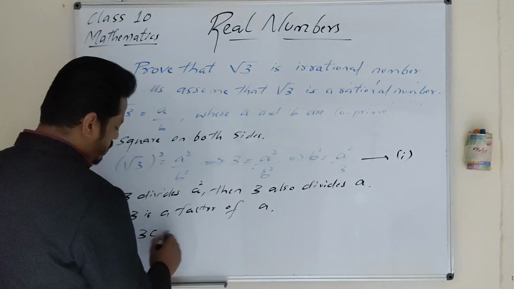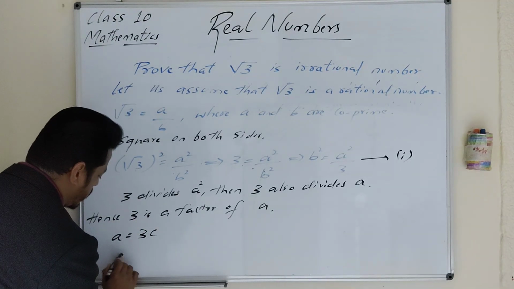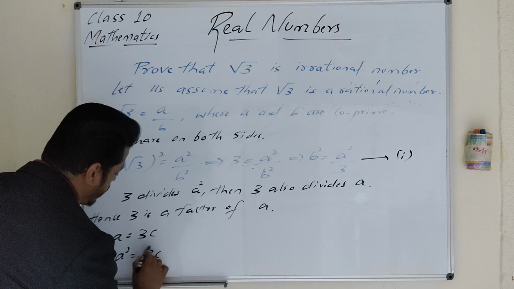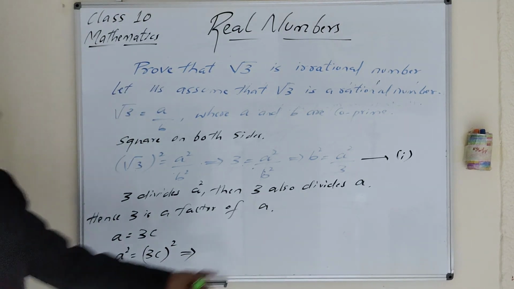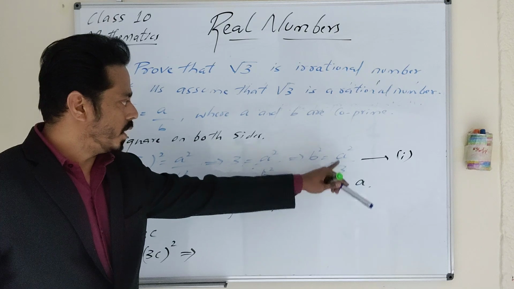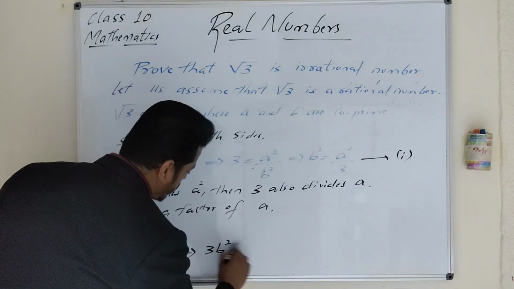Now to this equation you have to square again on both the sides. When you square it again on both the sides, it will be a square equals 3c whole square. And you know a square's value already from equation 1: a square equals 3b square.